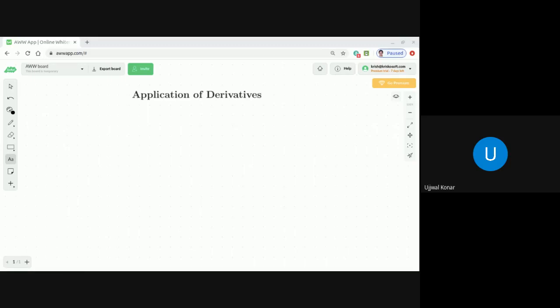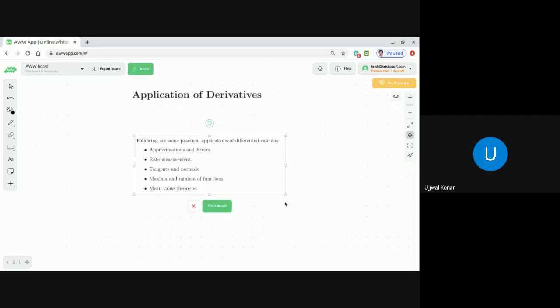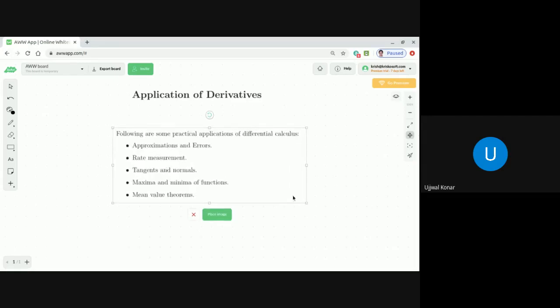So as I say, the application of derivative actually constitutes 5 different applications. Let me show you. The first one is approximations and errors.